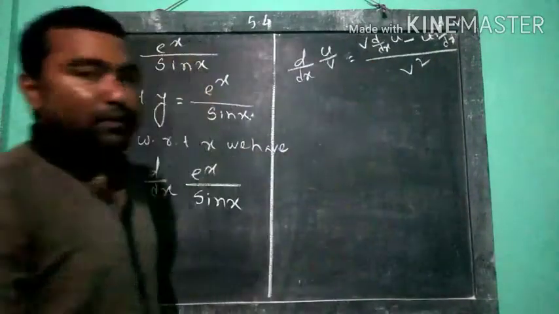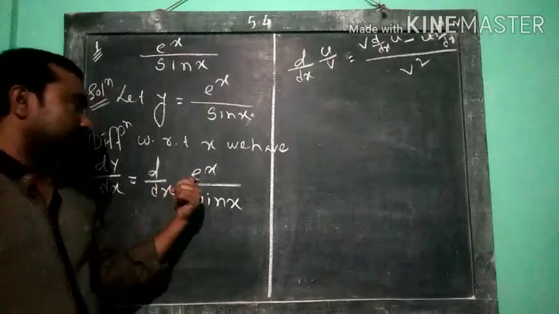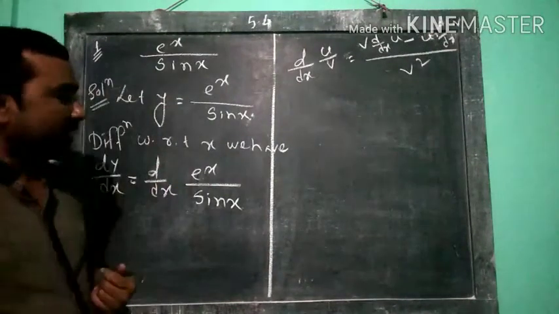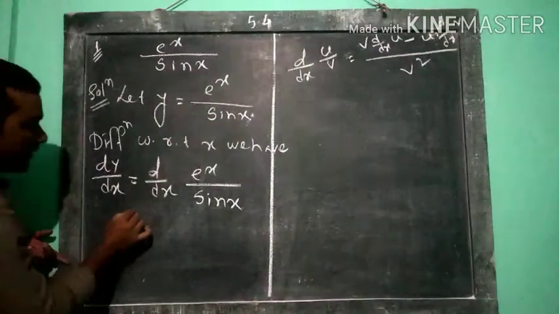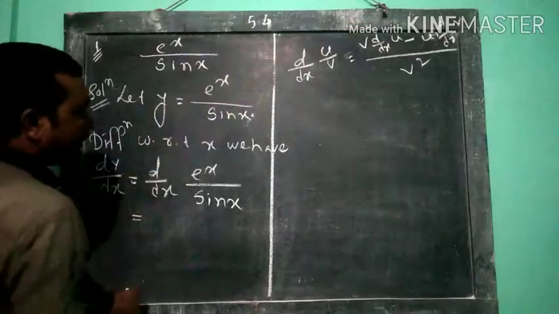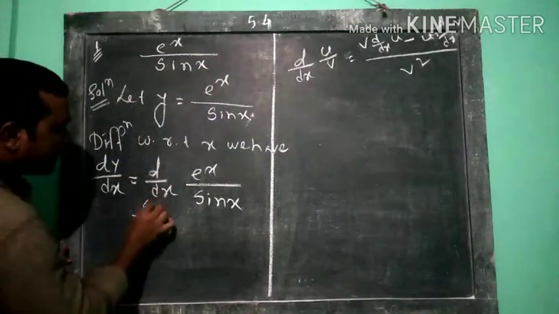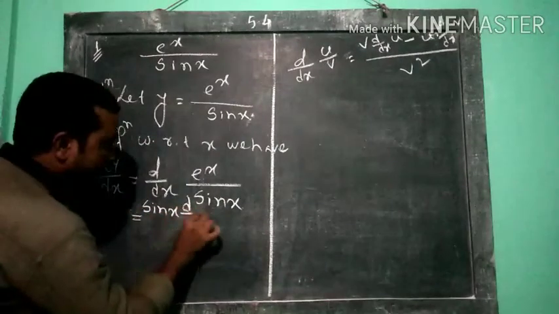Using this formula, here u is e to the power x and v is sin of x. So v is sin x, so right here sin of x into d/dx of u.